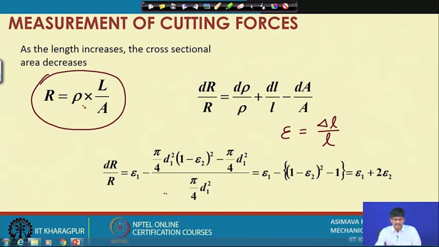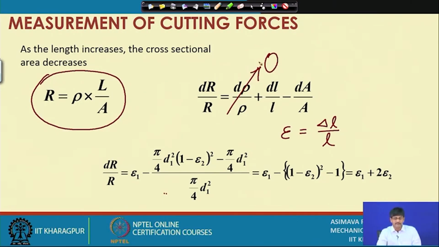So, in that case, if we differentiate this, we will get dR by R is equal to d rho by rho plus dL by L plus dA by A minus dA by A, because it is in the denominator. This thing we will assign a value of 0 now itself. There is no change in resistivity.